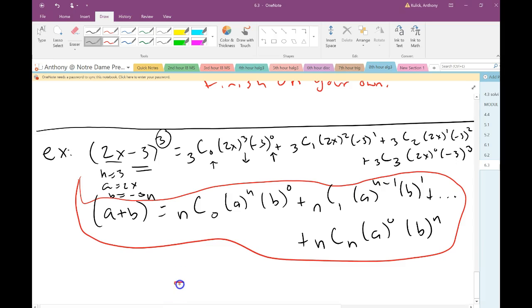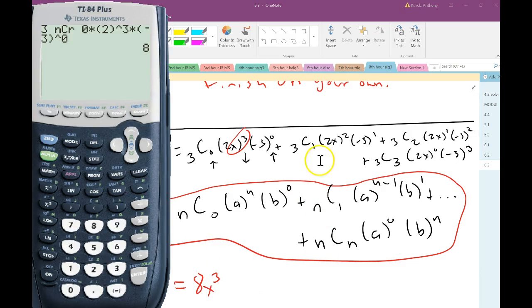So what that tells me is that 8 is my first coefficient, and then my variable part is x to the third. And I'll do that for the next piece. So rather than typing all that in over again, I can press second and enter and just go back and edit things, because the only thing that's changing is this exponent moves from a 0 to a 1.